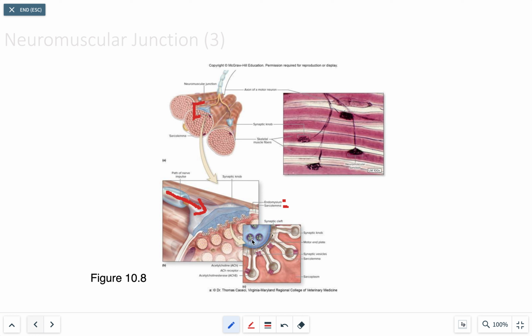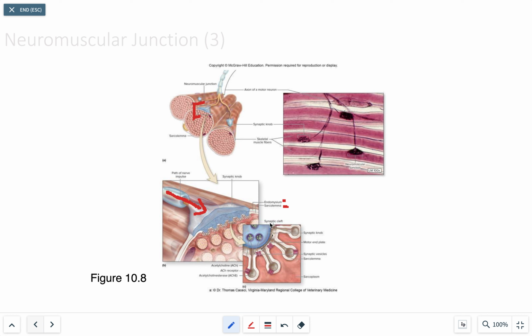Within the synaptic knob, we see cytoplasm that is containing mitochondria and vesicles filled with acetylcholine. These vesicles filled with acetylcholine are considered to be neurotransmitters, which are chemicals released by the neuron to change the permeability of the sarcolemma of the muscle fiber.